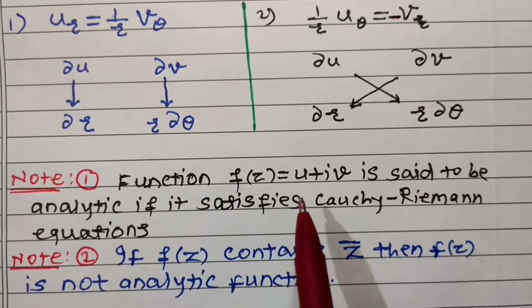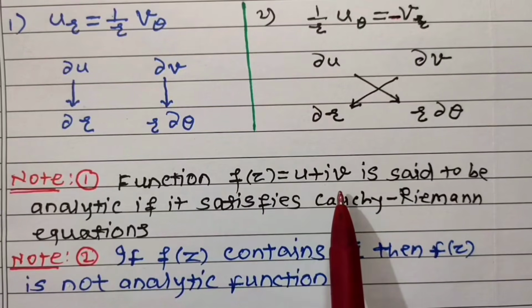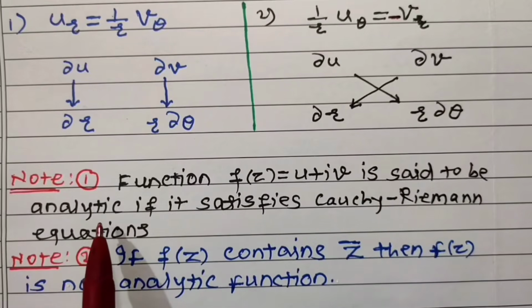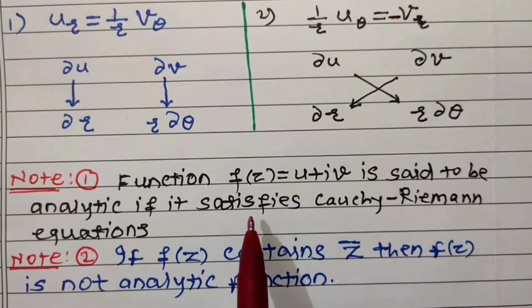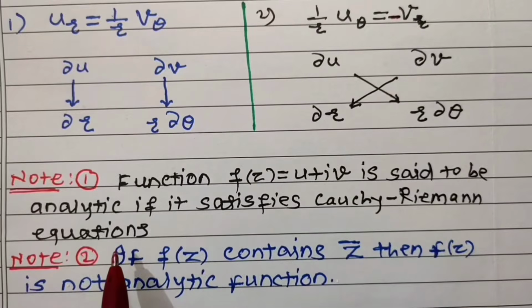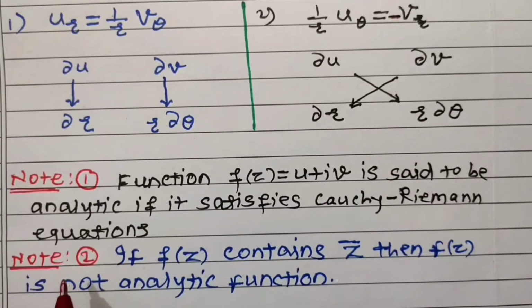Note number 1. A function f(z) = u + iv is said to be analytic if it satisfies the Cauchy-Riemann equations above. Note number 2: if f(z) contains z bar, the conjugate of z, then f(z) is not an analytic function.